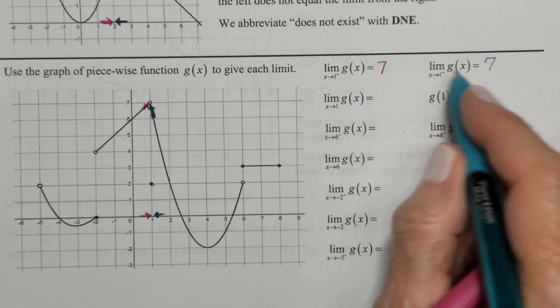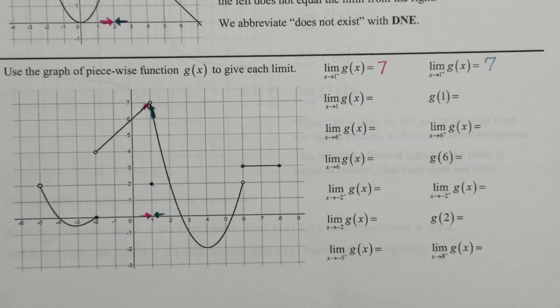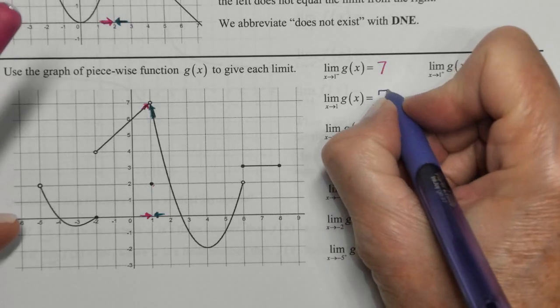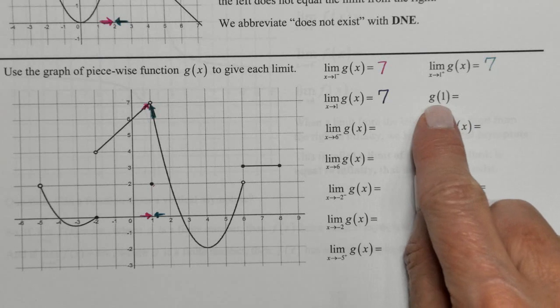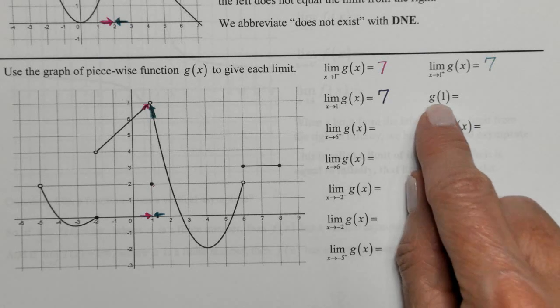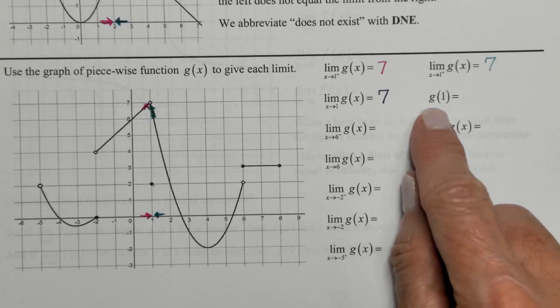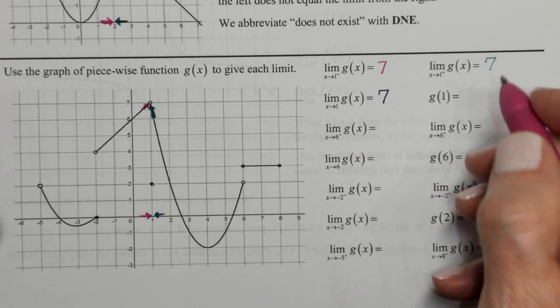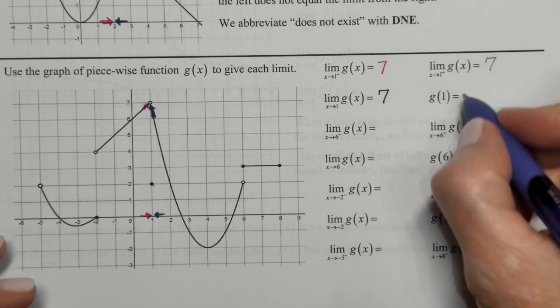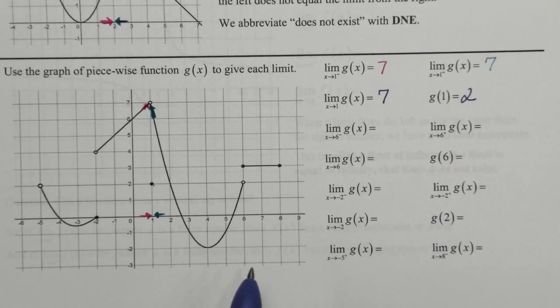Are they the same thing? Yes, then that limit is that same value. Okay? What is this asking? This is asking for the function value at 1. What actually is g of 1? g of 1 is 2. That is just 2.